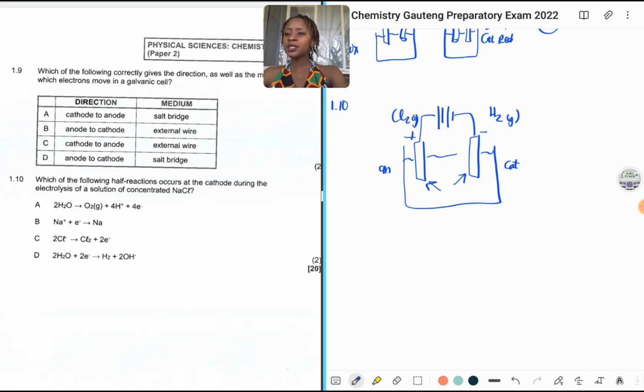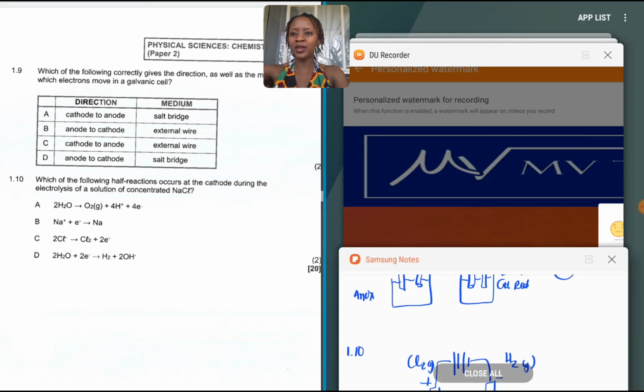But the question says, which of the following half reactions occurs at the cathode during the electrolysis of a solution of concentrated sodium chloride? So the answer would be D in this case. And why is it D? I'm going to show you where you can see.